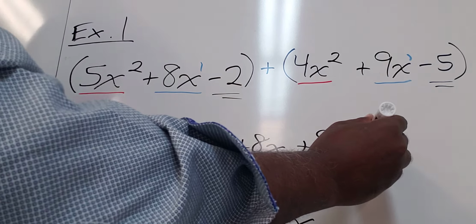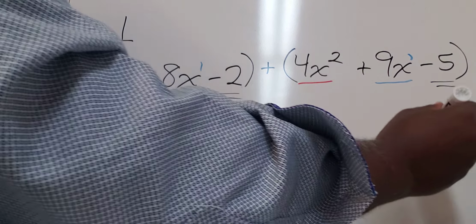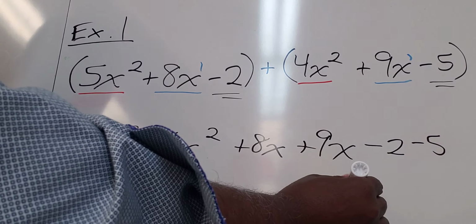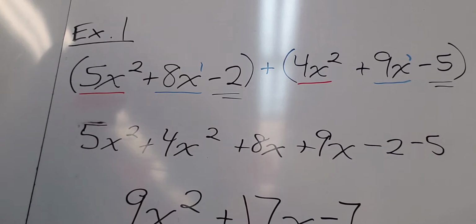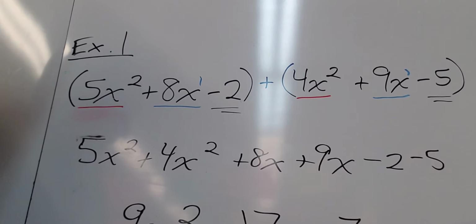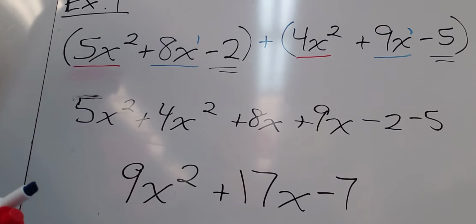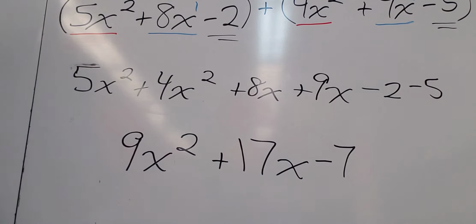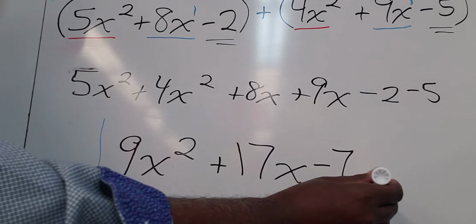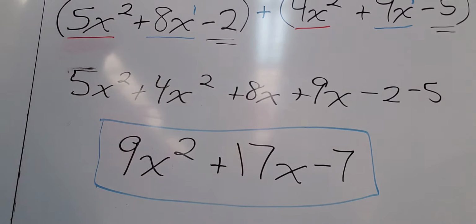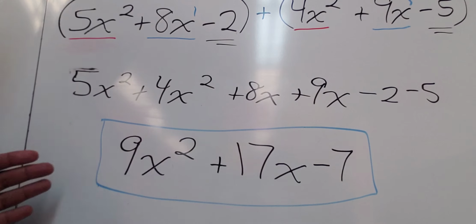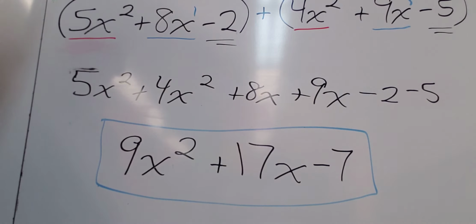And when you combine the -2 with the -5, be careful of your negatives. Negatives are super important. That's going to give us -7. So hopefully you're able to see how when we combine like terms, we get 9x squared plus 17x minus 7. Can we simplify it any more? Hopefully you answered no, because there are no more like terms, and so this is our final answer.